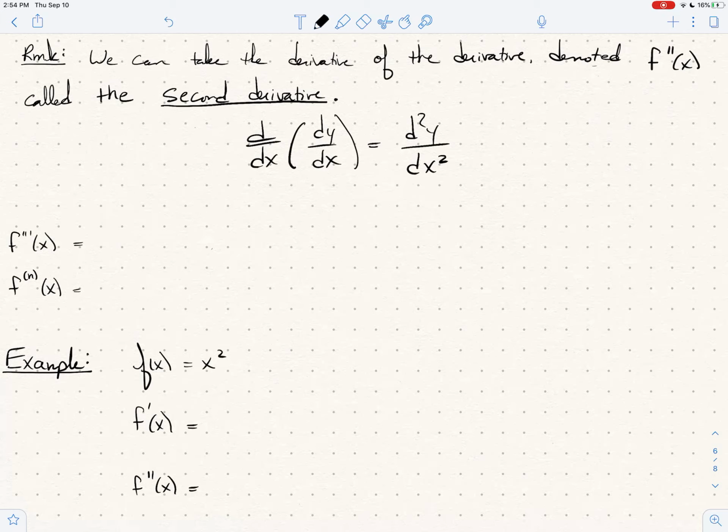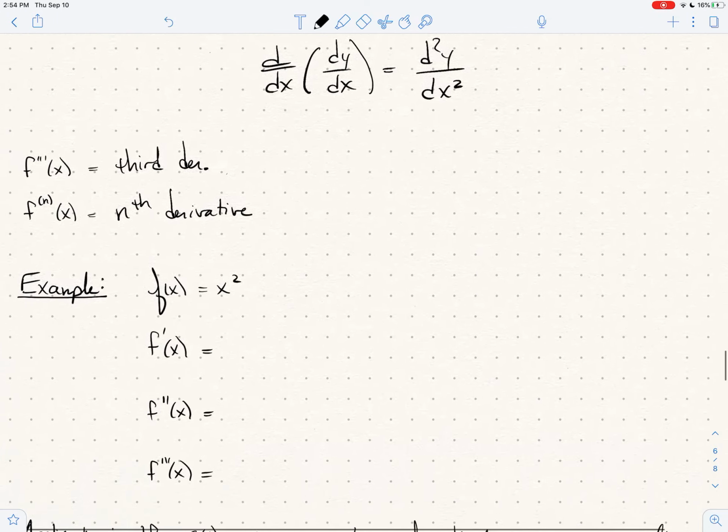So here, this is the nth derivative. I will typically write the first, second, and third with the primes, but with more than 3 primes, we usually switch to the n notation. And so this would be, of course, the third derivative.